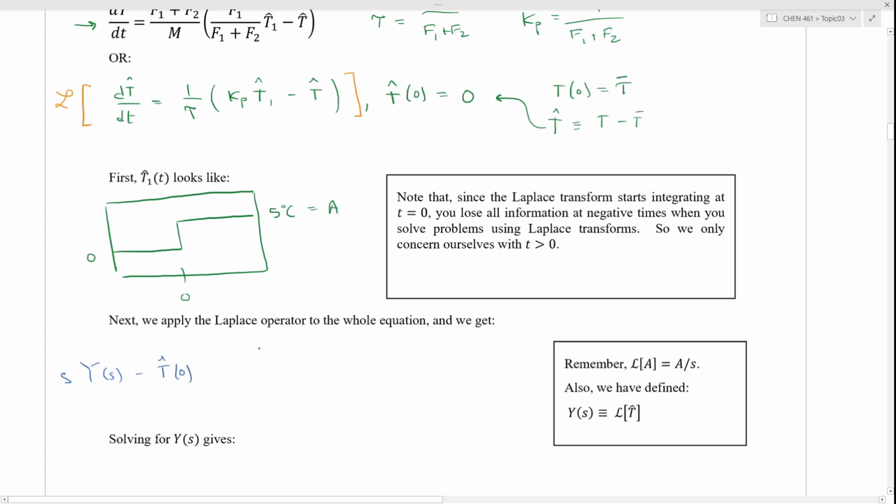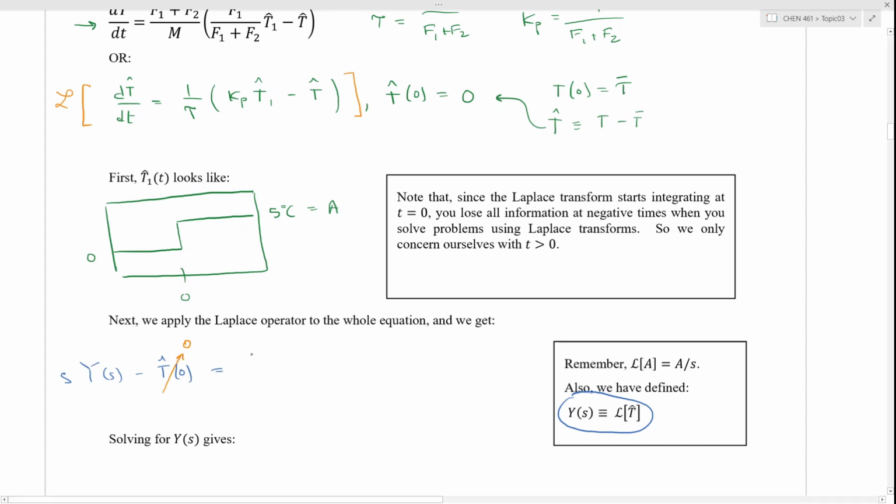That is the Laplace transform of the time derivative, noting that we have defined Y of s as the Laplace transform of T hat. As I mentioned before, because we're working with deviation variables and we initially start at steady state, our initial condition for T hat is 0. So that's the Laplace transform of the left-hand side of the equation.